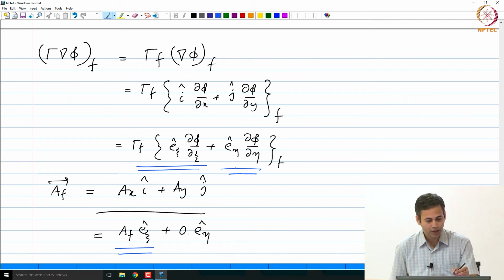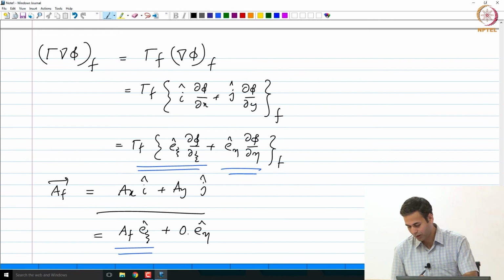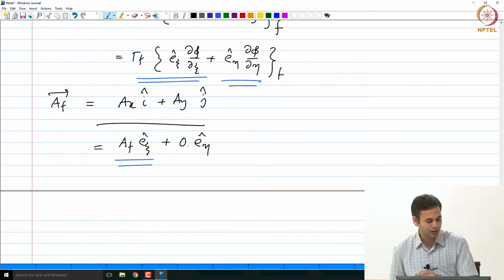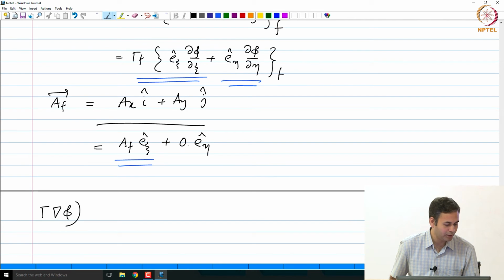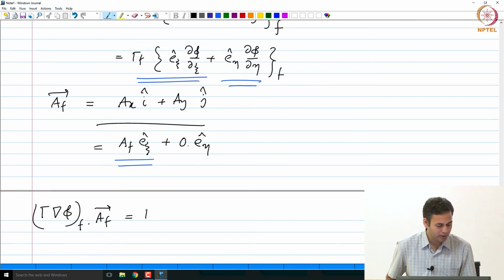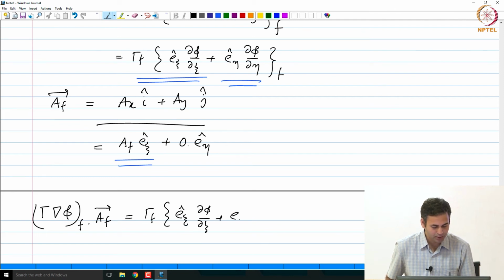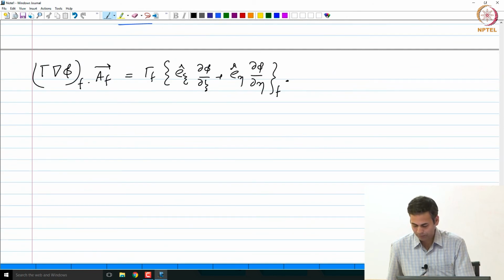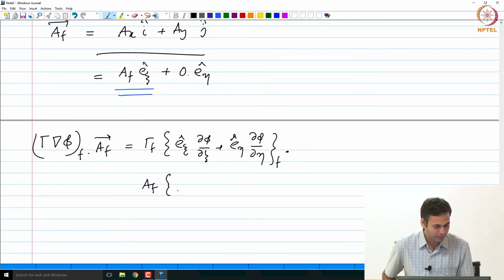So, gamma grad phi f dot A f bar would be gamma f E xi hat partial phi partial xi plus E eta hat partial phi partial eta on the face f, dotted with A f E xi hat plus 0 E eta hat.